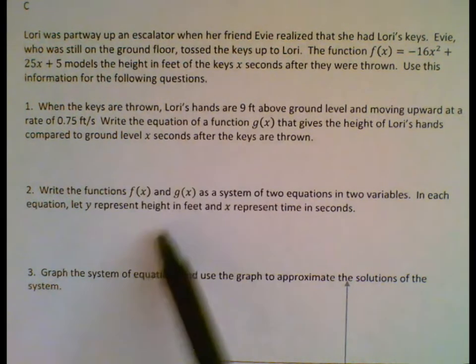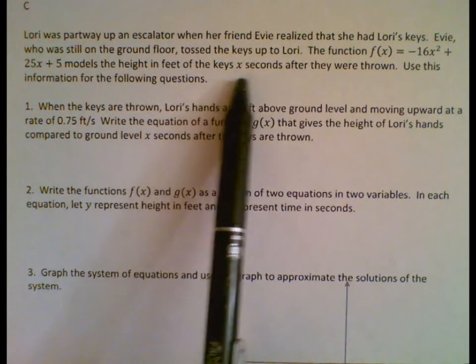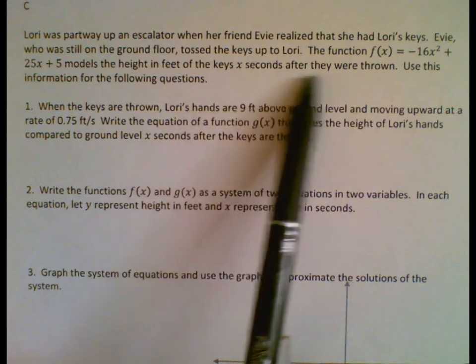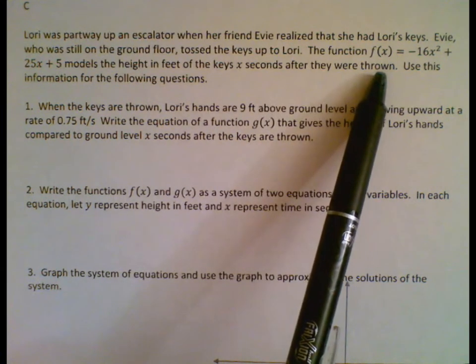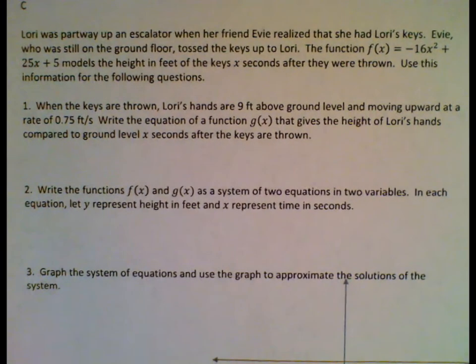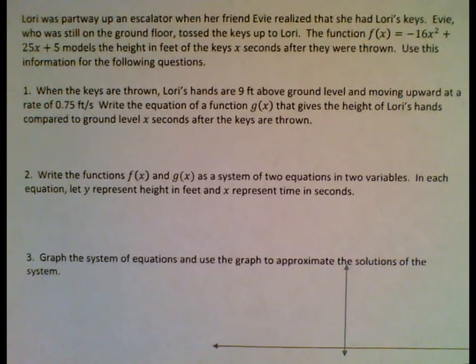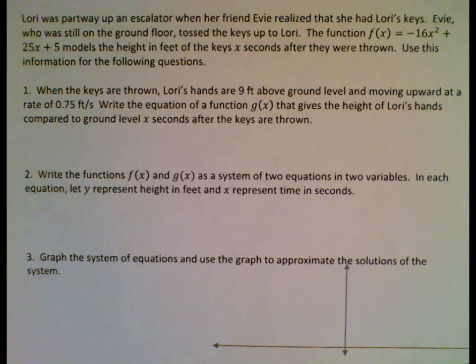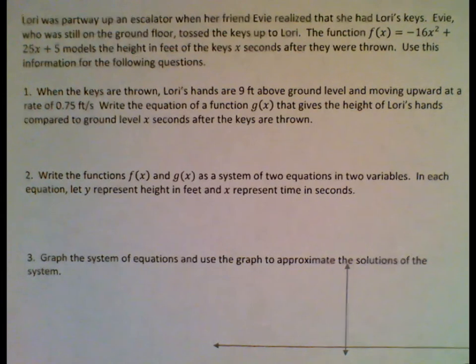So they wrote this function to determine x seconds after throwing them as to when they were going to catch them. So this says when the keys are thrown, Lori's hands are 9 feet above ground and moving upward at a rate of 0.75 feet per second. So write a function g of x that gives the height of Lori's hands compared to the ground level x seconds after the keys are thrown.